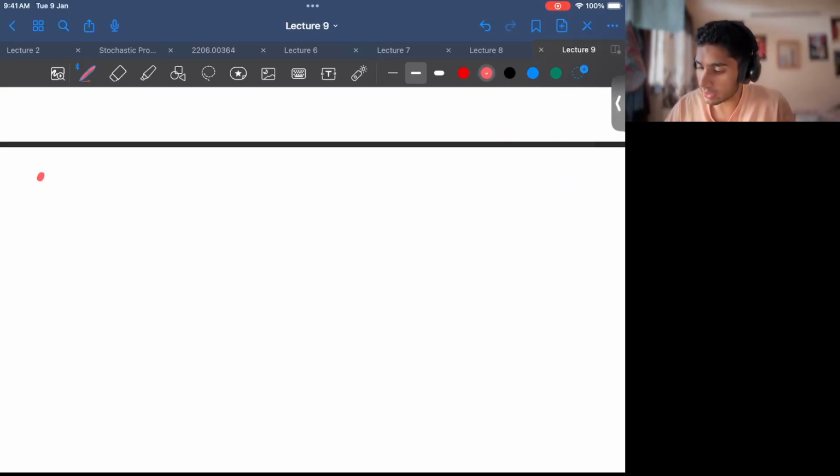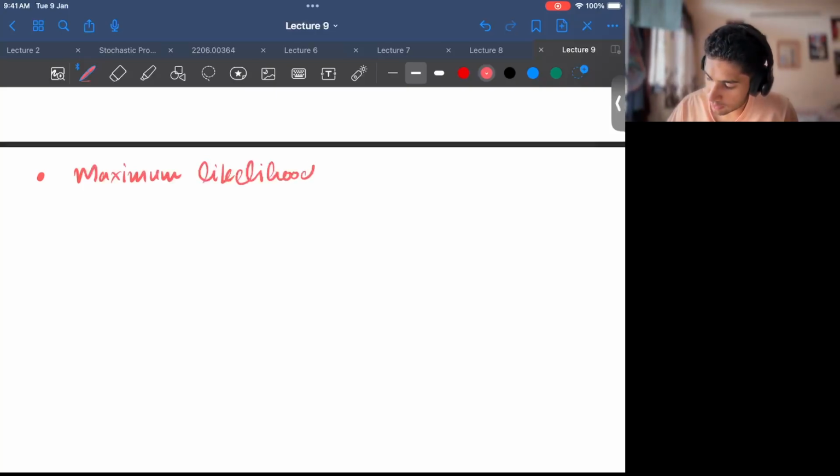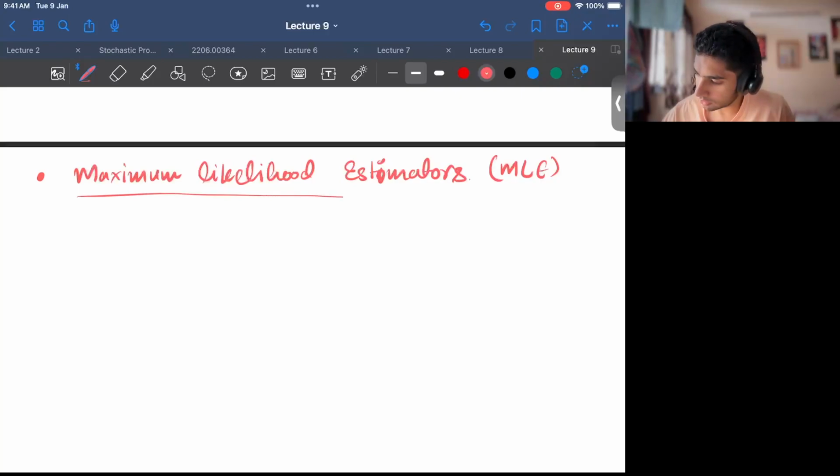What is the next thing? The next thing is basically your maximum likelihood estimator, or MLE for short.